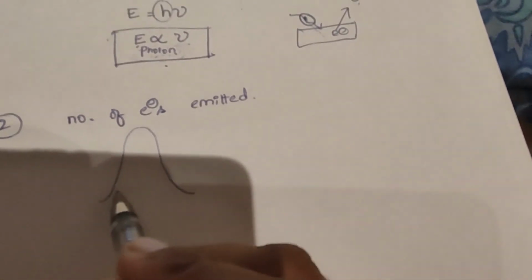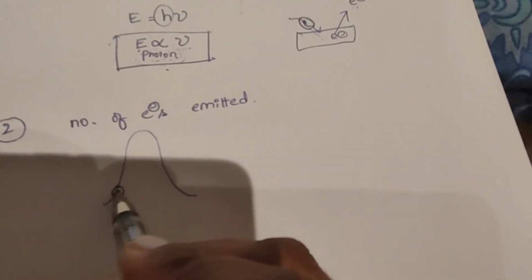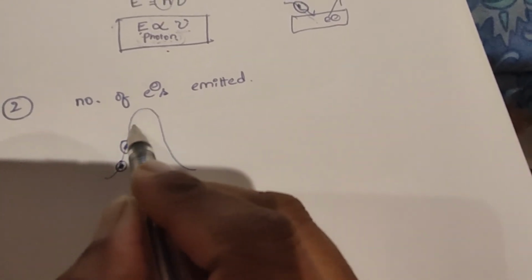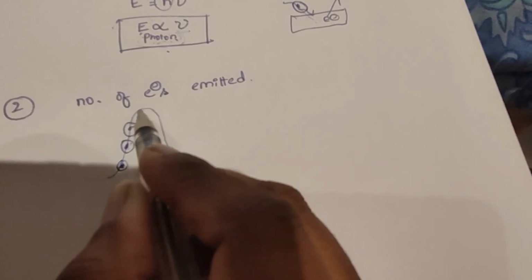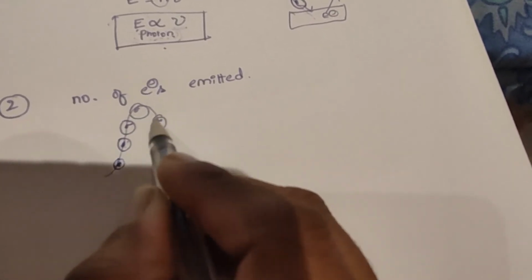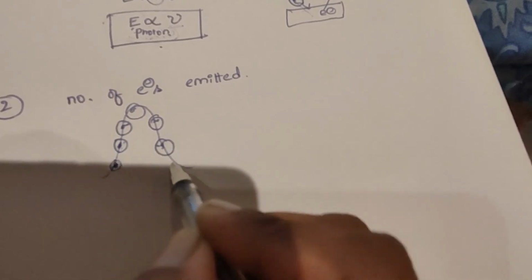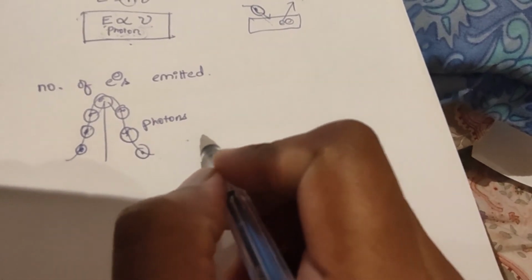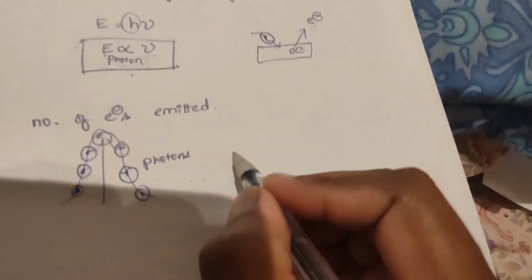See, if the amplitude is more, then let us consider these as photons. So here when the amplitude is more, the number of photons will also be more.